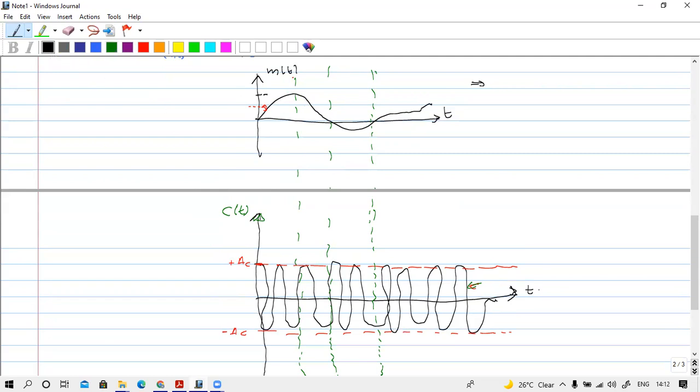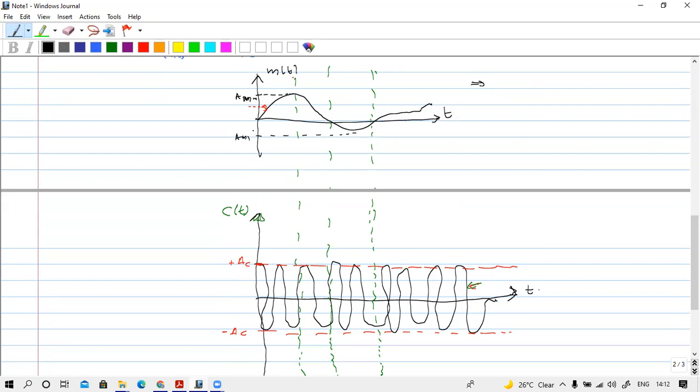Let's say this amplitude is AM, the amplitude of the modulating signal, and say this is AM1. For simplicity, we will consider these the same.